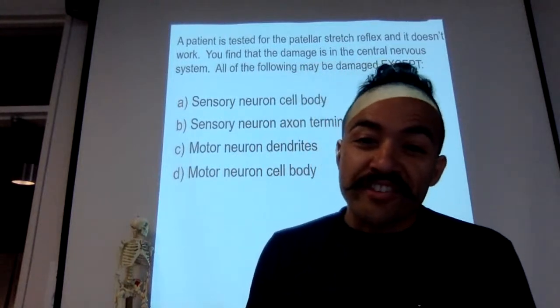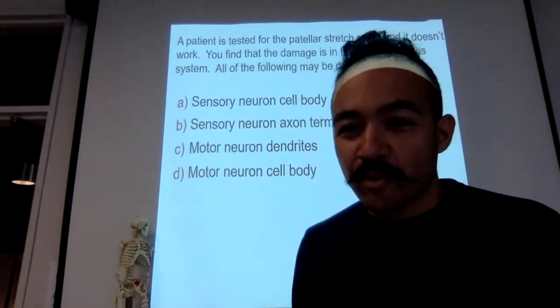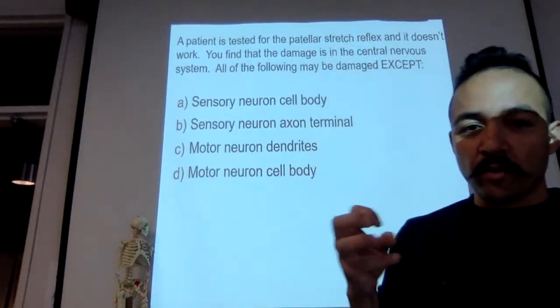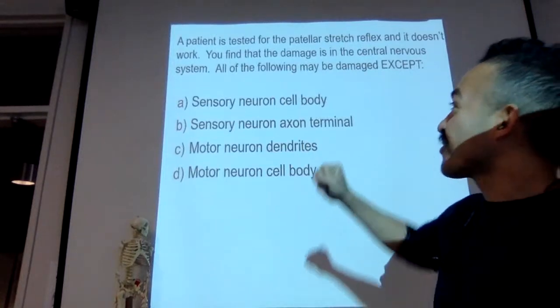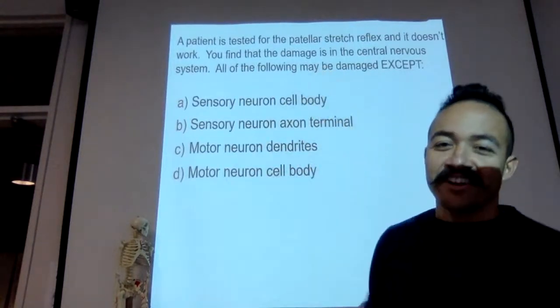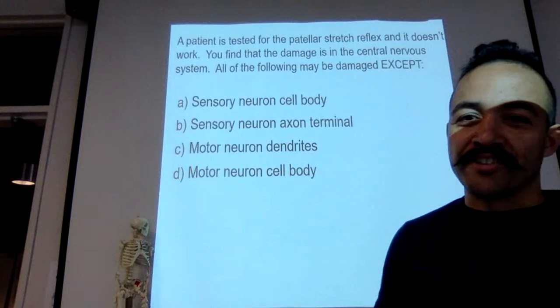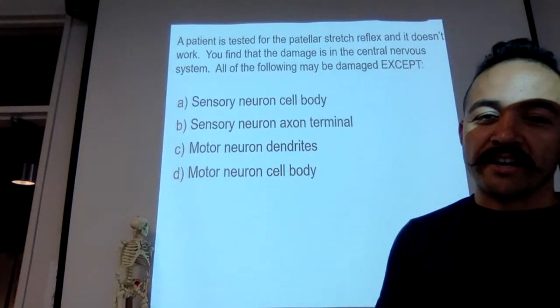It is in the peripheral nervous system, more specific than that. What is the term for the cluster of cell bodies in the peripheral nervous system? What is the term for that?